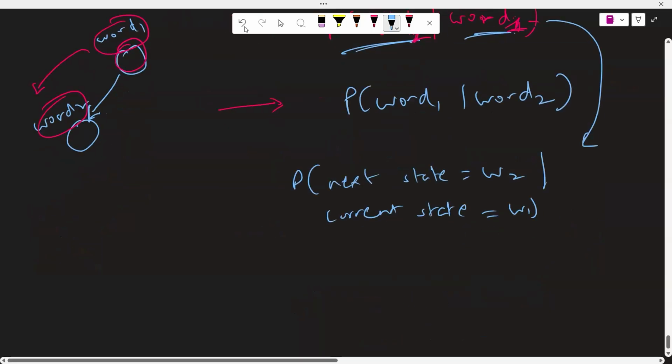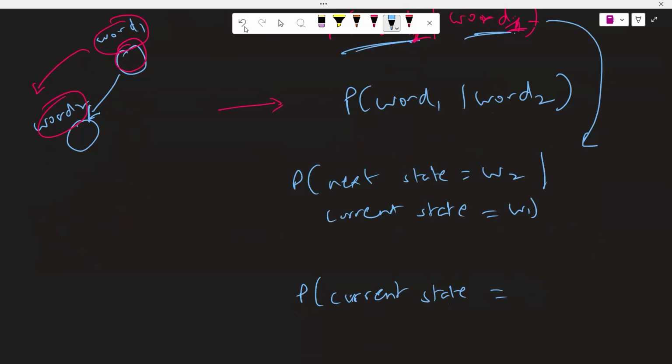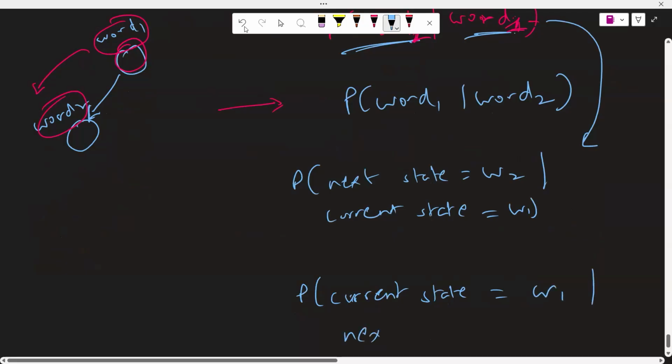But if I reverse this, if I write what is the probability of the current state is equal to W1 given your next state is equal to W2.